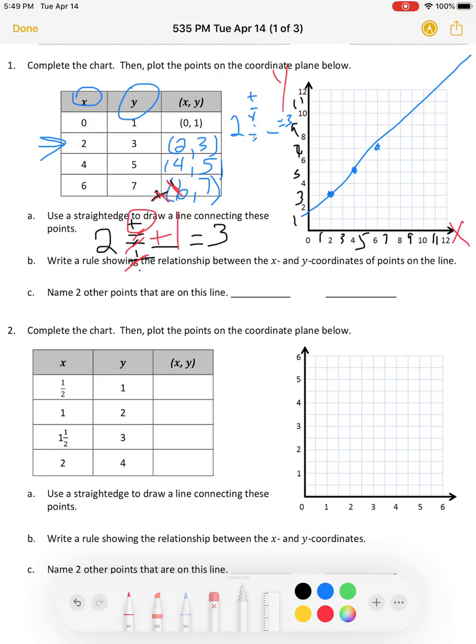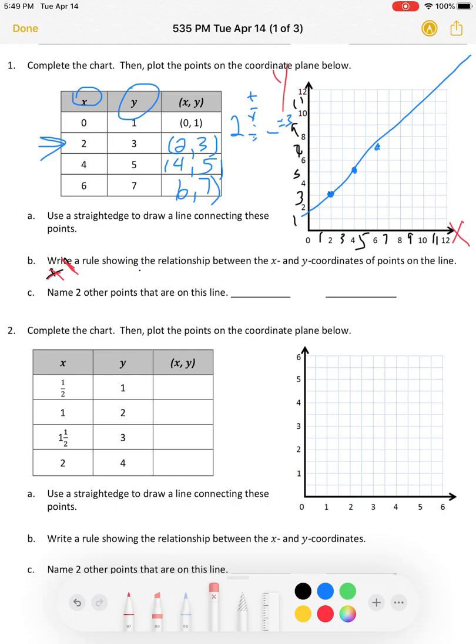When x is 6, plus 1, y equals 7. So 6 plus 1 equals 7. So we've discovered it. Yay! Our rule here would be plus 1. So it asks us for the rule: write a rule that shows the relationship between x and y. So I'm going to put my rule here for a second and erase up here and give myself some room and some headspace. Okay.